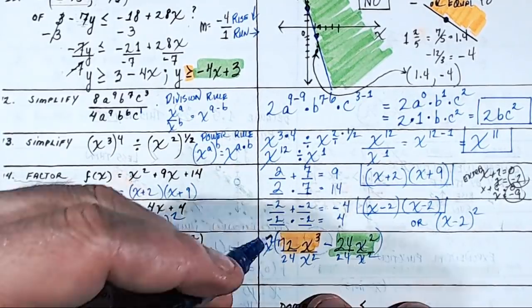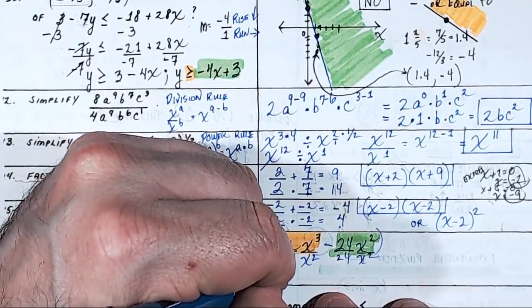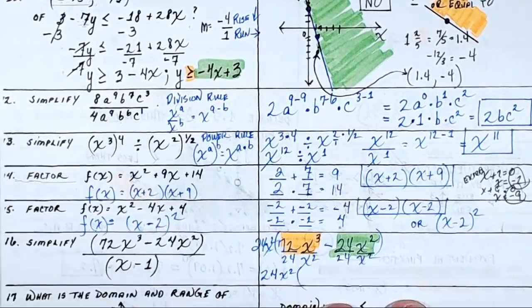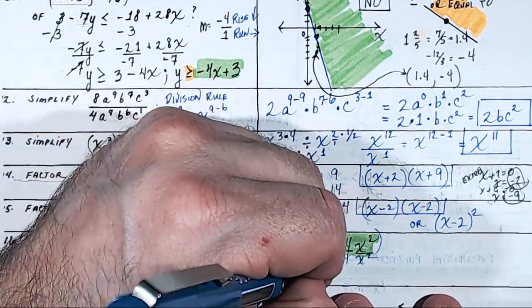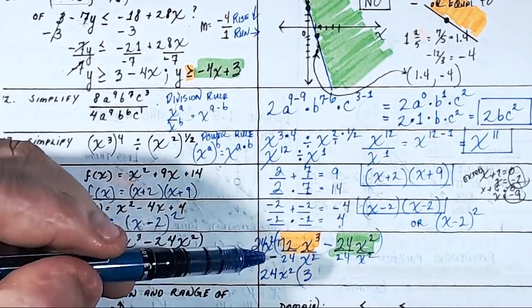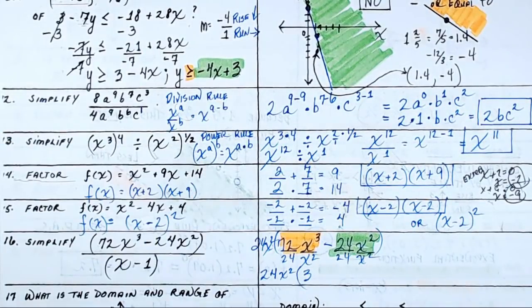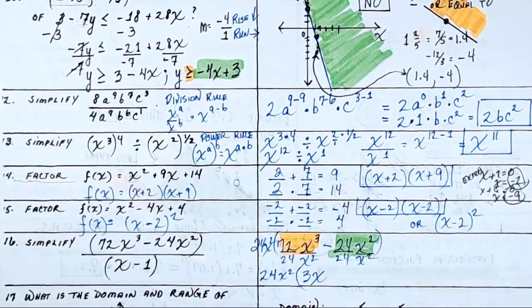Now I've got 24x squared sitting outside. And let's see what's left inside. 24x squared, open parentheses. Now 72 divided by 24 is 3. So put 3. And now we have to use our division rule. X cubed divided by x squared. Remember, x to the a divided by x to the b equals x to the a minus b. So x to the 3 divided by x to the 2 equals x to the 3 minus 2, which is x to the 1, or just x, so 3x.